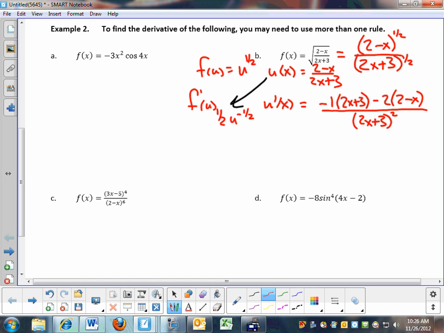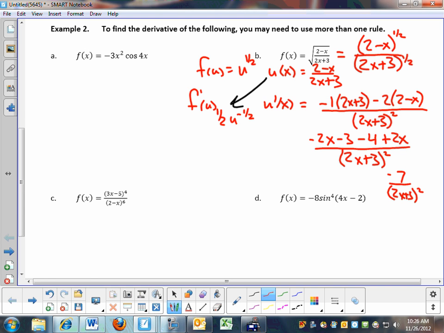I can simplify that a little bit, can't I? I have a negative 2x and a positive 2x, so negative 2x minus 3 minus 4 plus 2x, all over 2x plus 3, quantity squared. The negative 2x and the positive 2x cancel, and you're left with negative 7 over 2x plus 3, quantity squared.